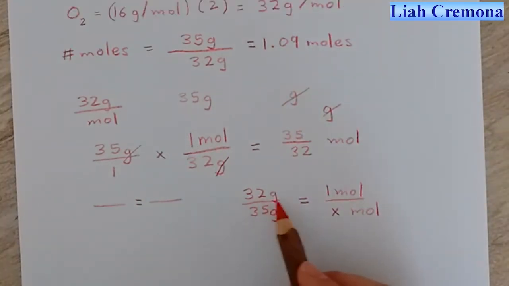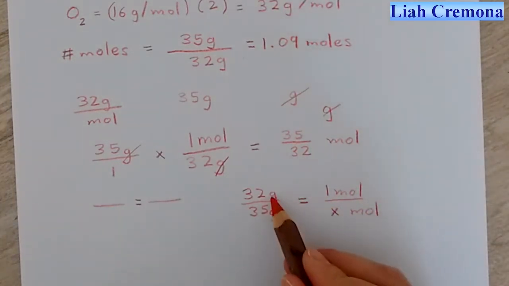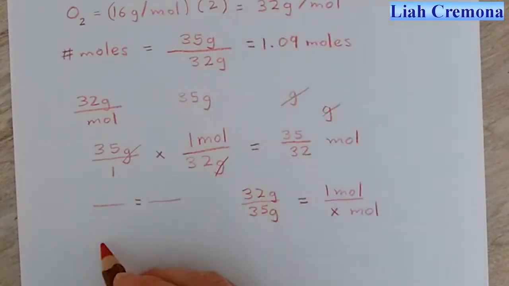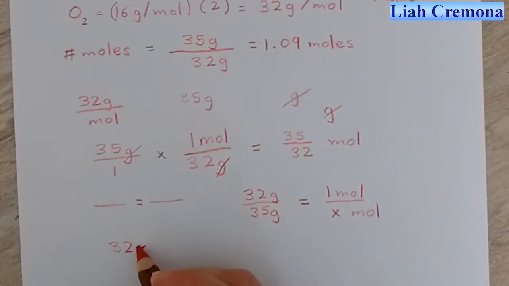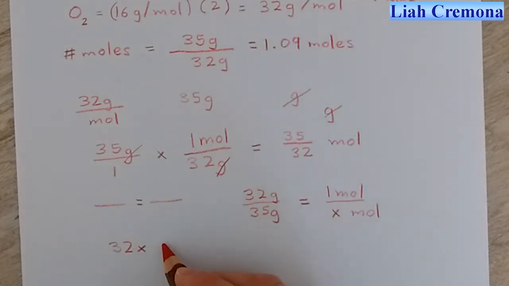Here, we can then cross-multiply. 32 times x is 32x, and 35 times 1 is 35.